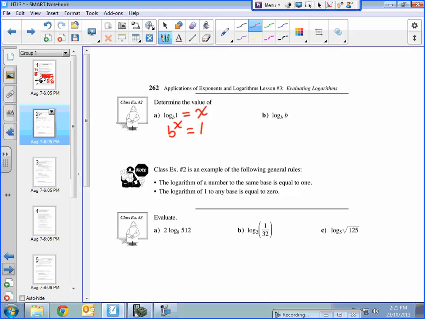B to the x equals 1. And then what's my base here? B. So I have b to the x equals, I want this as a base b. What would my exponent have to be to get to 1? 0. So your x equals 0. Okay, so then it would go log of 1 base b equals 0.